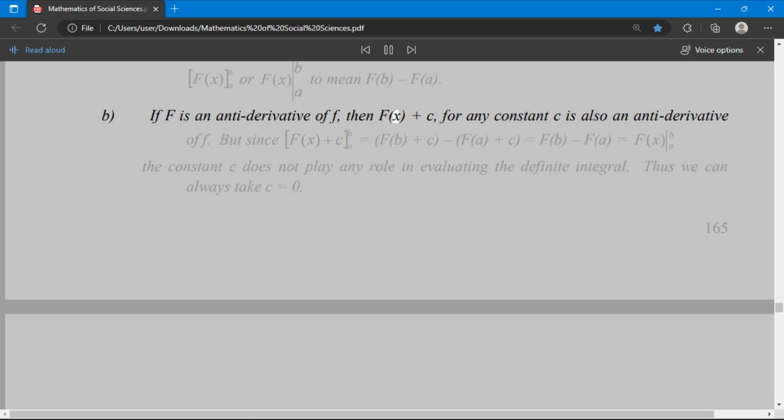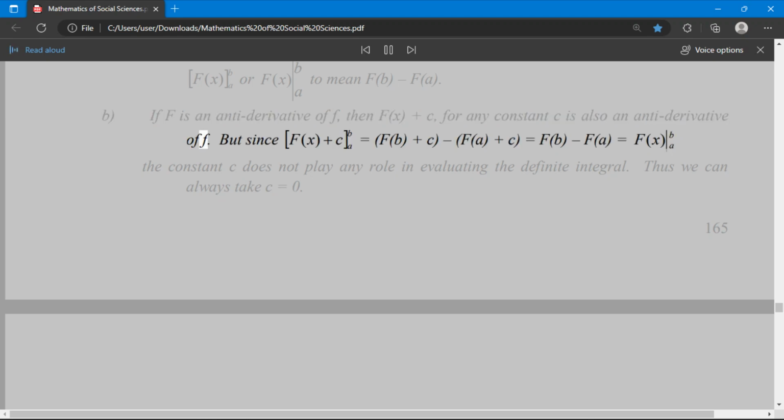If F is an antiderivative of f, then F(x) + c for any constant c is also an antiderivative of f.